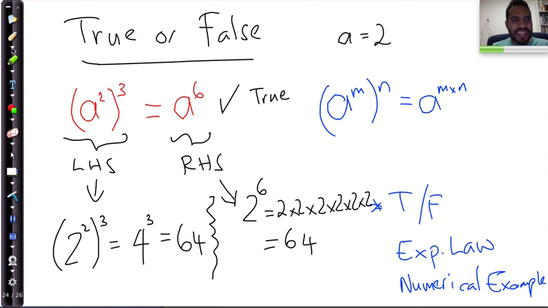Now, did I get the same value for the right-hand side and the left-hand side? 64. So I can say the left-hand side is equal to the right-hand side, and therefore the above is true.